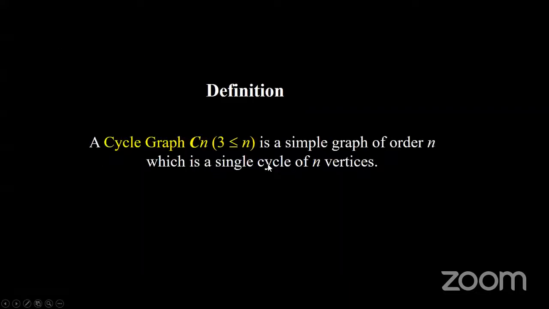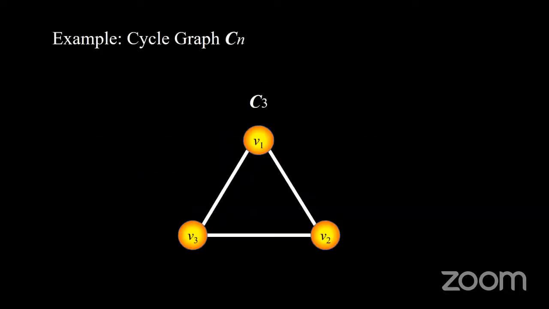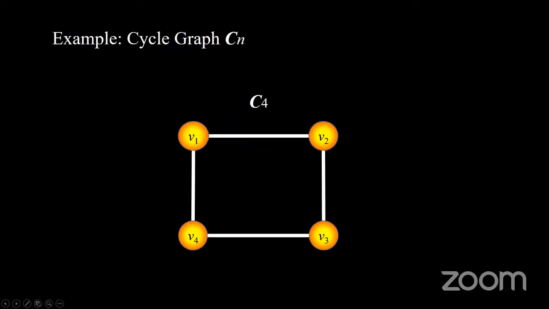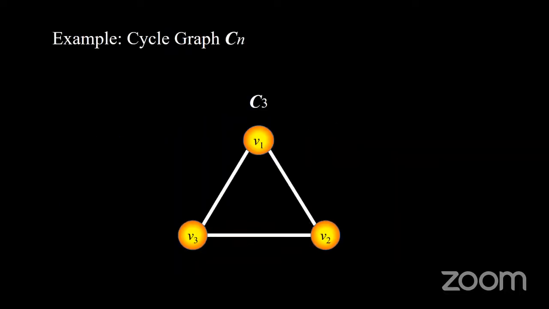Now, the cycle graph is a cycle, and so Cn, where n is the number of vertices. So I just want to ask a question. Does C2 exist?